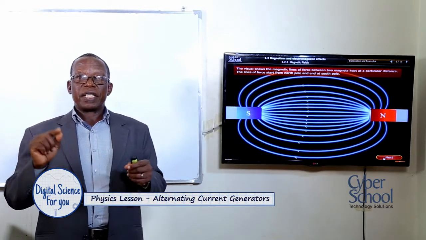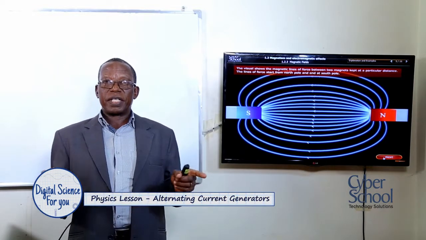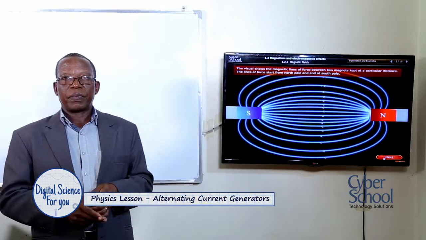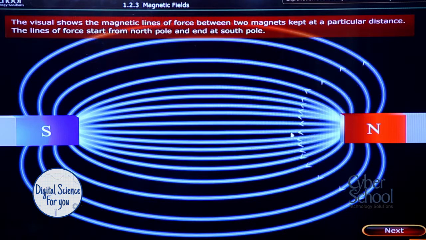That means the coil or the wire must be cutting the field lines. That is when there is induction of current into the coil. As I was saying, when the coil rotates in between the poles of a magnet, current is induced in the coil.